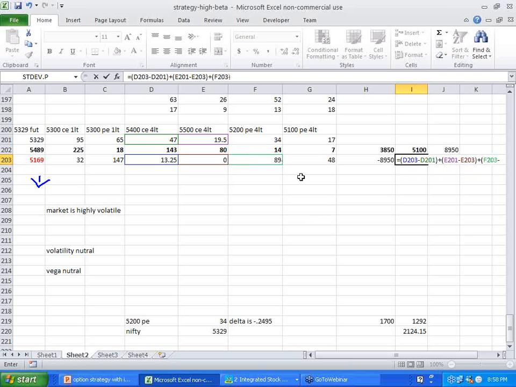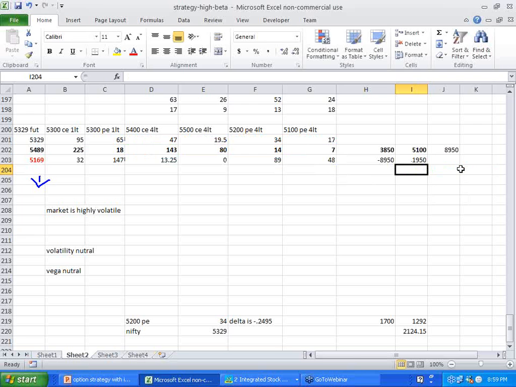This we bought, and we have one more put option part here. We sold this one. So this minus this one, you can say this entire stuff, 4 lots we have taken, multiply it by 200. So 1950. So if I add this one, this is my risk and reward.